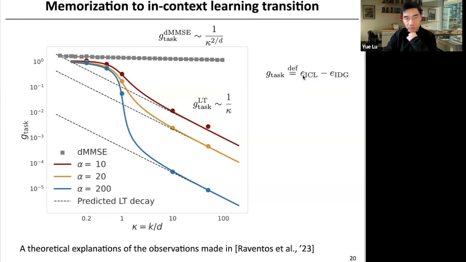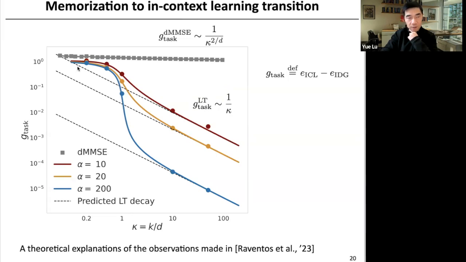If this difference is converging to zero, that means you are generalizing to the true prior. The blue, orange and red curves show this difference as we increase the diversity. Initially, when the diversity parameter kappa is less than 1, these curves have a very slow slope. But once kappa is greater than 1, the slope becomes much sharper, and asymptotically this gap goes to 0 at the rate of 1 over kappa.